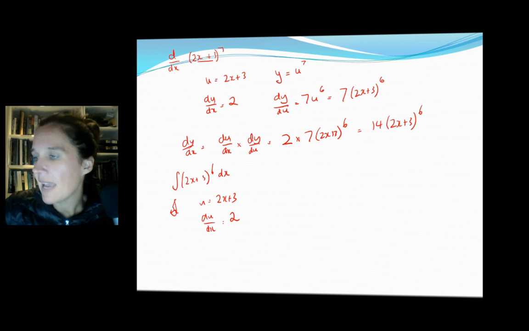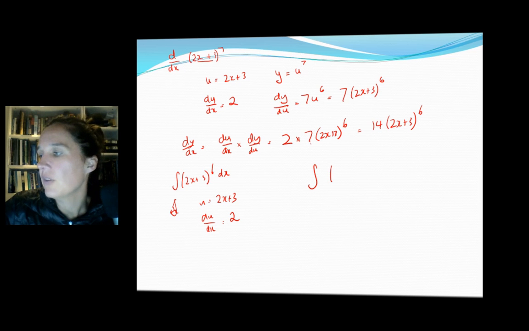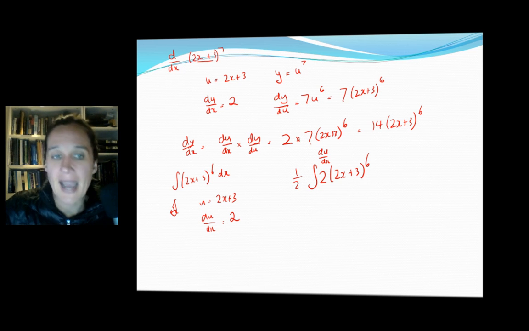So we need to have our du on dx out the front here. So we have the same setup here. So our integral of 2x plus 3 to the power of 6, we need this du on dx here to be 2. To make this still the same, we've multiplied it by 2. So out the front of our integral, we're going to multiply it by a half. So it ends up being 1 times that here.